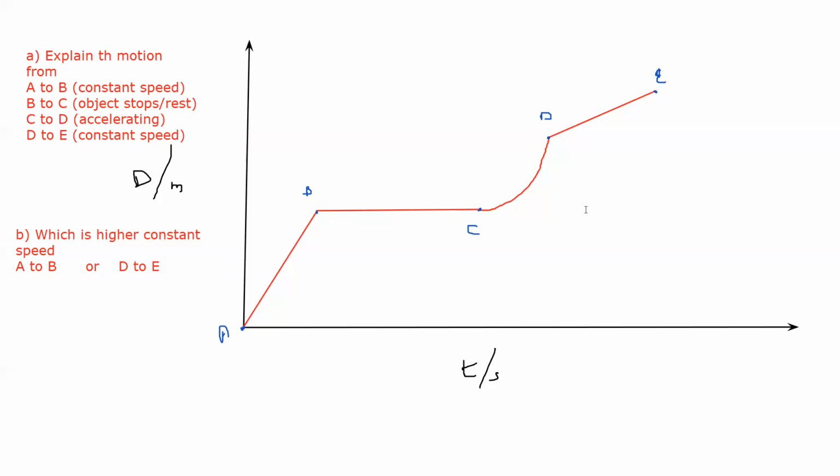From A to B it's higher, or from D to E it is higher? From A to B it is higher.